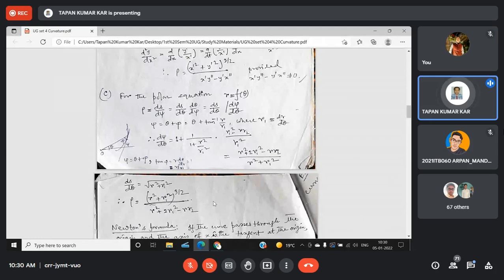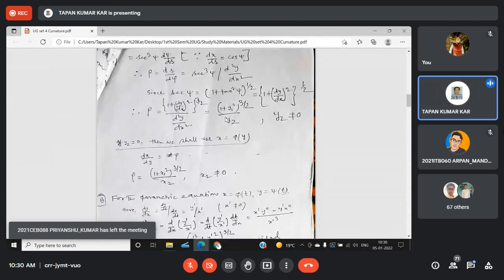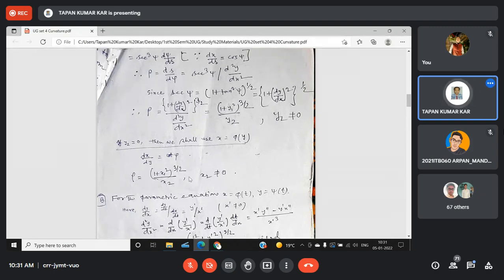Sometimes it is possible that the curve is given in polar form r equal to f(theta), and you can convert it to Cartesian form, then you can use the formula rho equal to (1 plus y1 square) whole to the power 3 by 2 by y2, or rho equal to (1 plus x1 square) whole to the power 3 by 2 by x2.